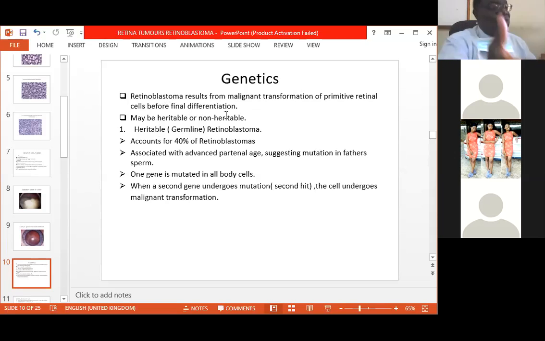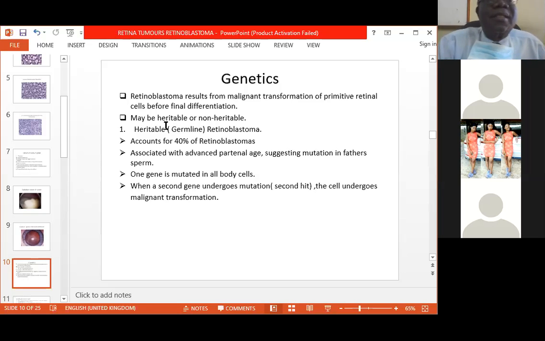So those cells, before final differentiation into proper retinal cells, where light can be appreciated, change and become malignant. And that's the retinoblastoma. But they come from the primitive retinal cells. Before maturity, they end up as tumor.